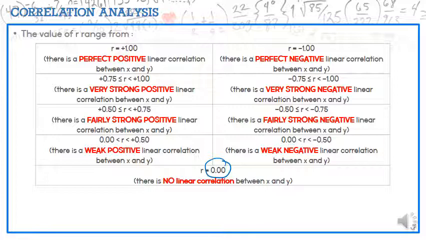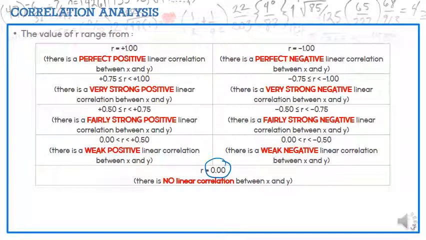So the interpretation is still the same for R equal to -1 or -0.5 to less than -1. The only difference is, if before it was a positive correlation, now it is a negative relationship.